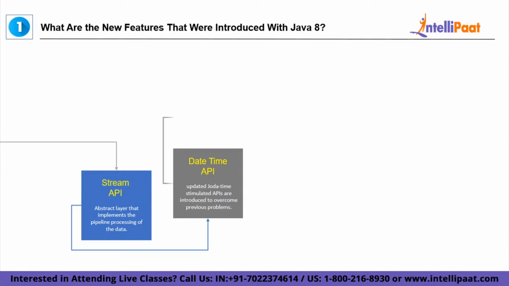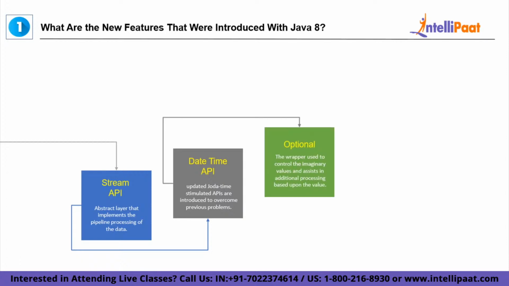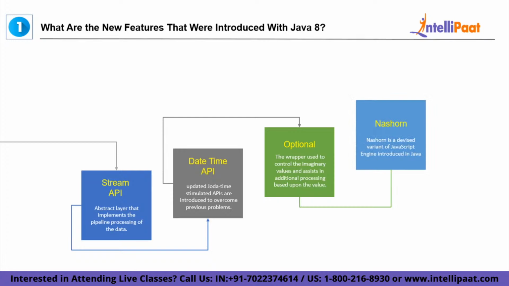Then we have Optional. Optional is a wrapper class included in Java version 8 that is used to handle null values and assist in additional processing based upon the value. Finally, we have Nashorn. A JavaScript engine, Nashorn is a newer variant of the JavaScript engine introduced in Java version 8 that provides JavaScript performance in Java to succeed Rhino.